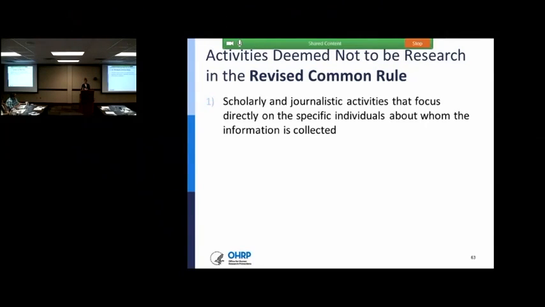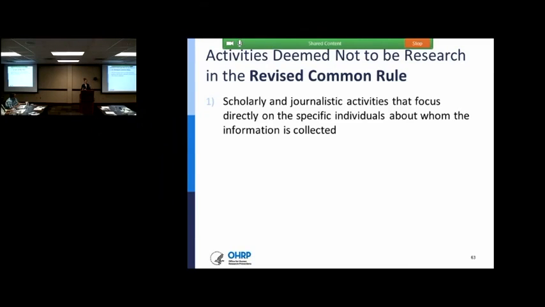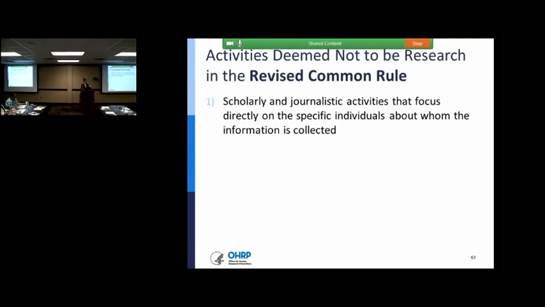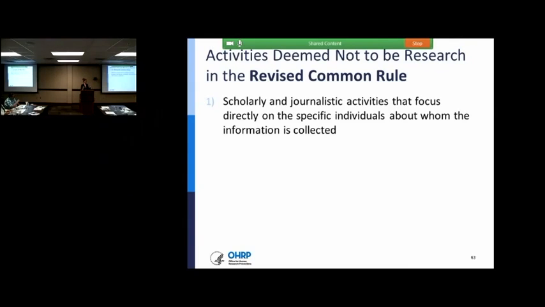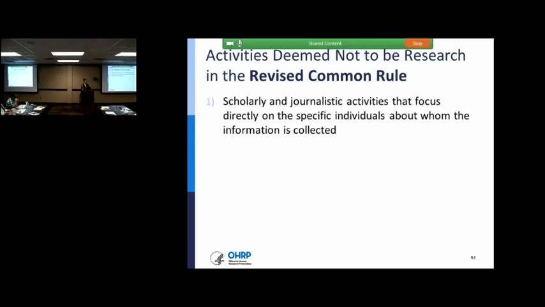So if there were an ethnographic study where we're doing surveys or interviews or collecting oral histories, some of the activities that we've talked about that could fall under this carve-out, but the purpose was to maybe interview 2 or 3 individuals with the hope of creating a body of knowledge that would apply to the entire community, then that would likely not fall under this carve-out, right?